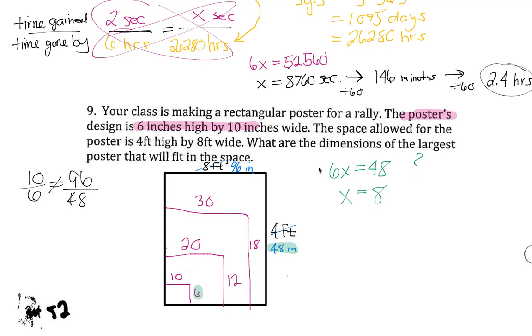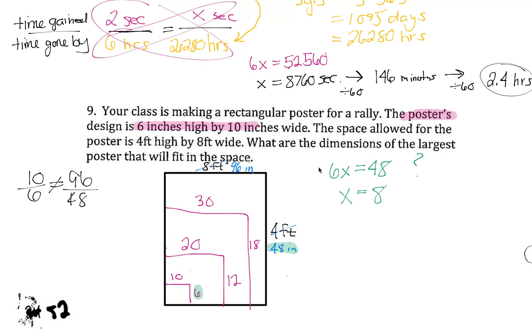Divide by 6. It's just a small little equation. We're going to divide both sides by 6. That means that if I make this poster 8 times bigger, the height of the poster is going to turn into 48. But what will the width turn into? 10 times 8 is going to turn into 80. So it's going to fall short of the 96.